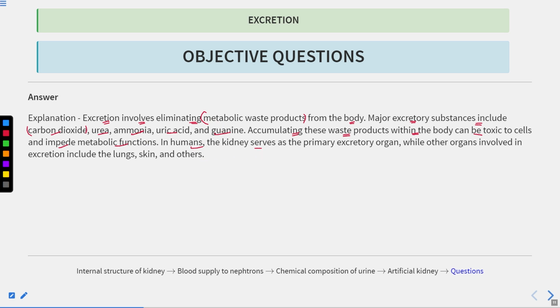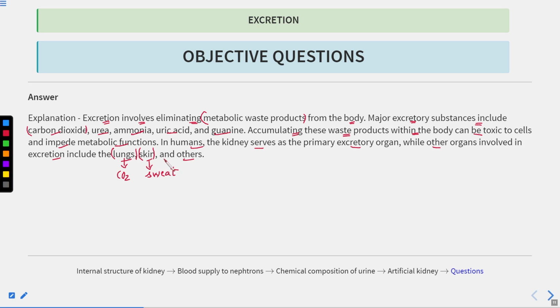In humans, the kidney serves as the primary excretory organ, while other organs involved in excretion are the lungs, the skin, and some other organs. So the kidney is the main excretory organ, whereas the lungs and the skin are also involved in excretion. The lungs, I've already told you, help in the removal of carbon dioxide, whereas the skin helps in the removal of some traces of uric acid and urea through the production of sweat.